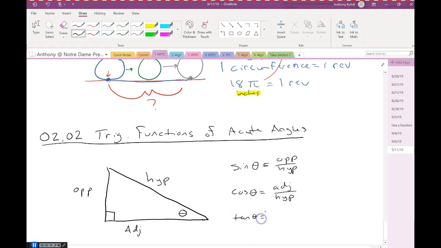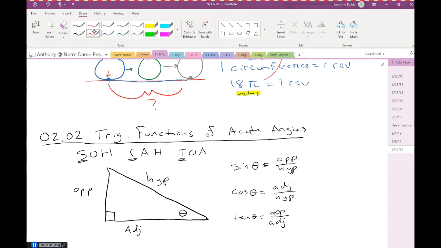And tangent is equal to opposite over adjacent. So there's SOHCAHTOA. Stop talking, please.